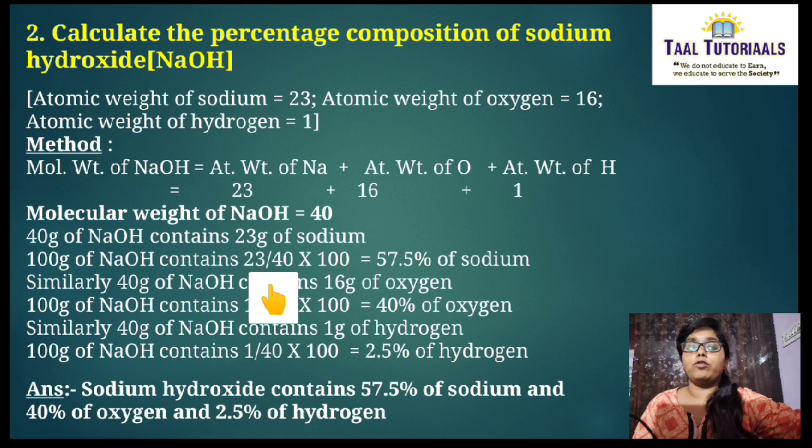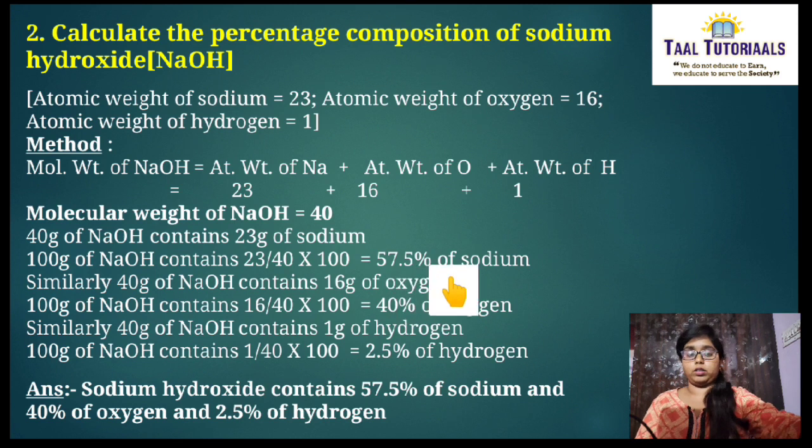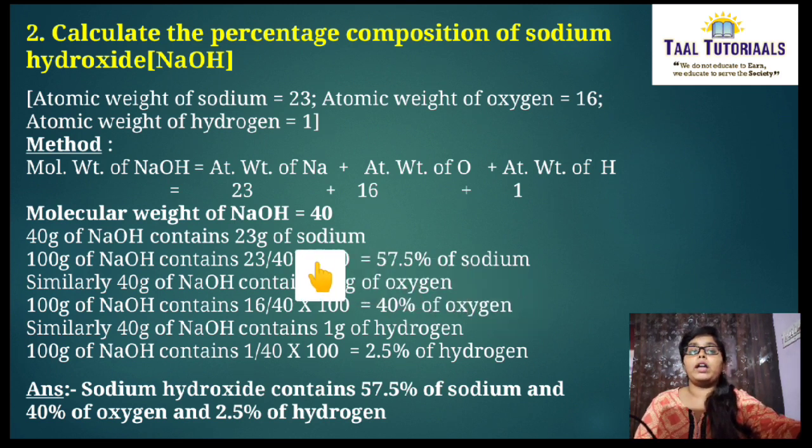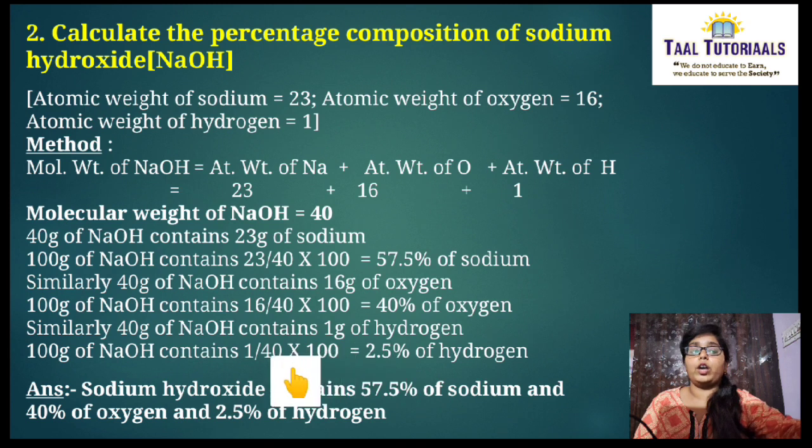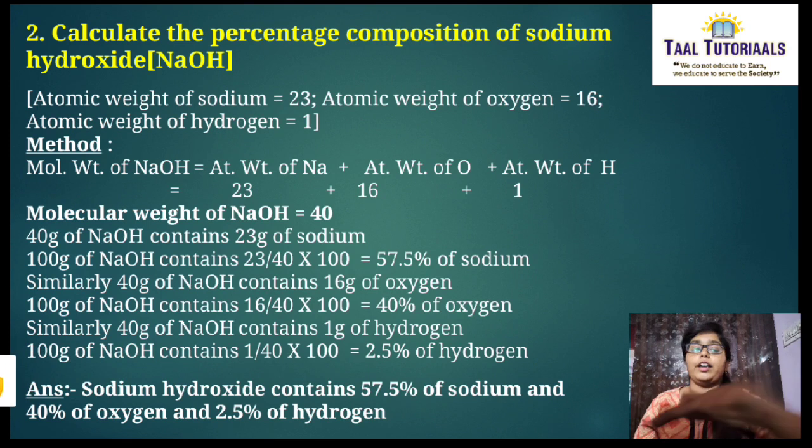So you multiply 23 divided by 40 into 100. You get 57.5% of sodium. Same thing, if you divide 16 by 40, you get 40% of oxygen. And for hydrogen, 1 by 40 into 100, you get 2.5% of hydrogen. So the compound sodium hydroxide contains 57.5% sodium, 40% oxygen and 2.5% hydrogen. This is how to calculate the percentage composition in a compound.